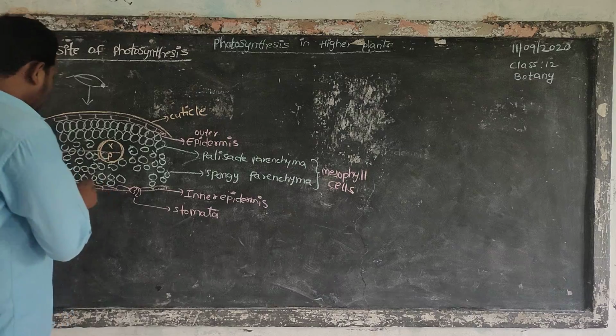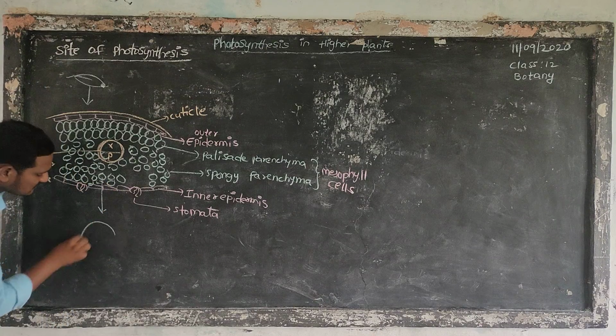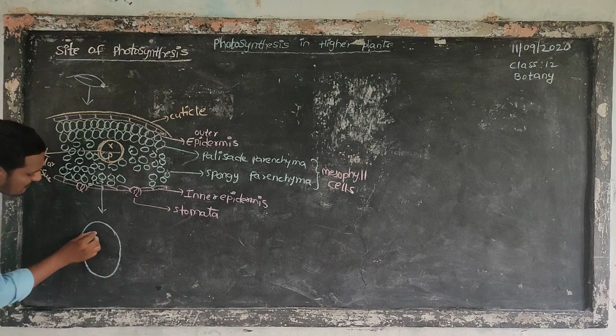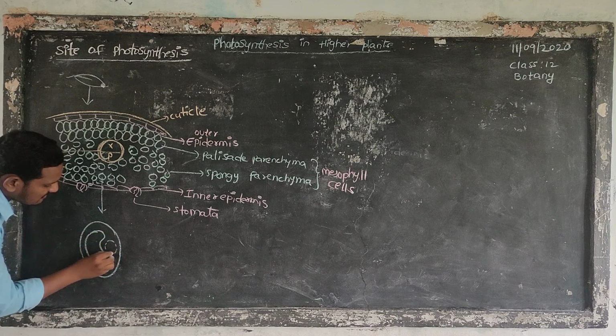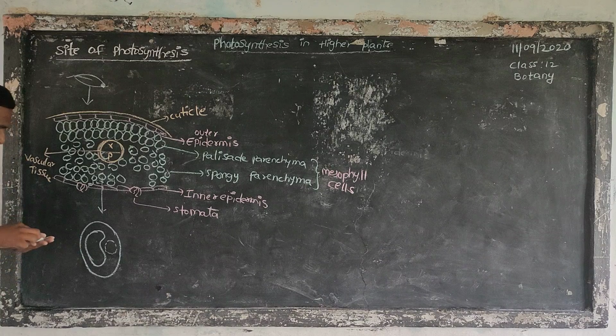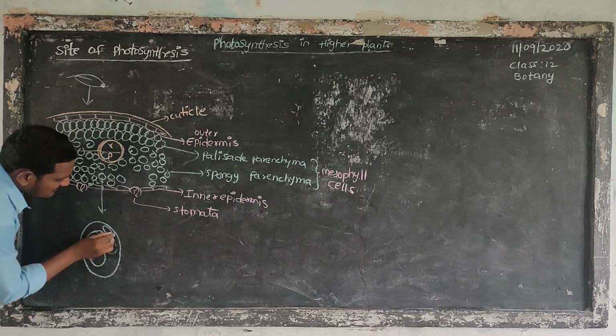Next, we have to take one mesophyll cell. So this is a mesophyll cell. This is a large vacuole. This is the nucleus, and one organelle is present.